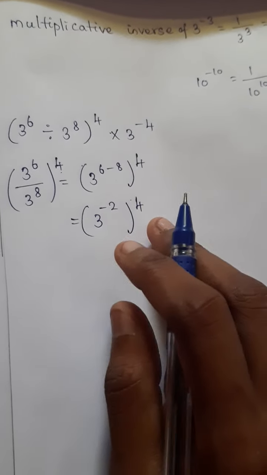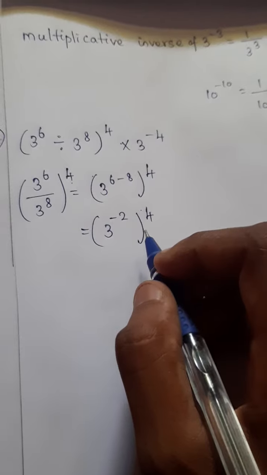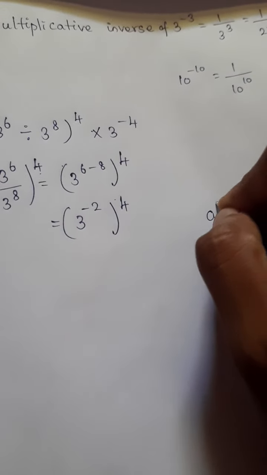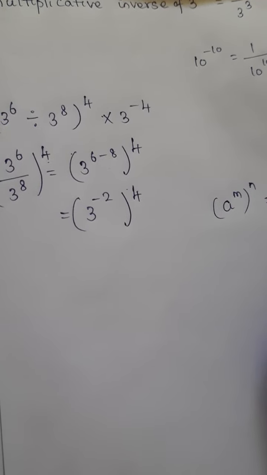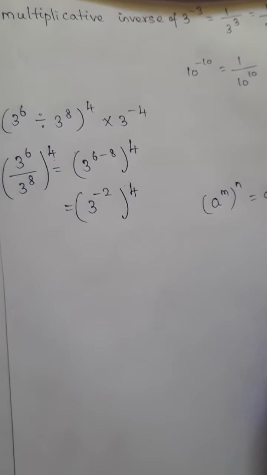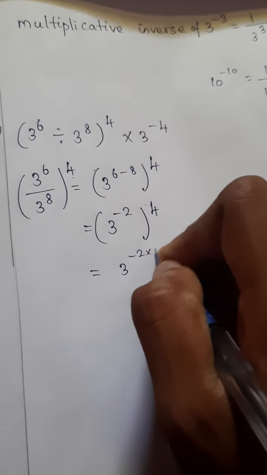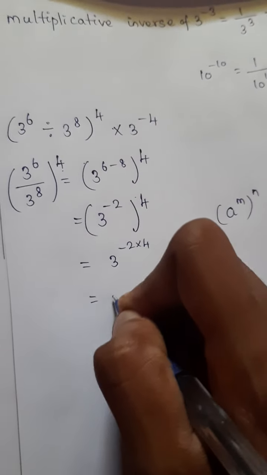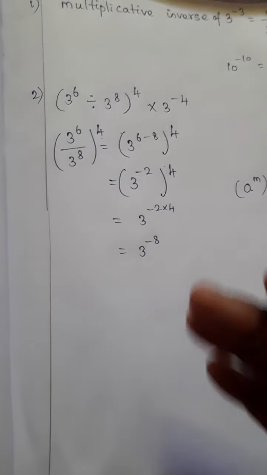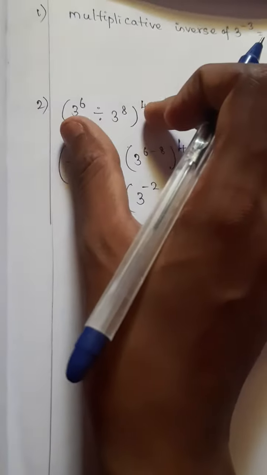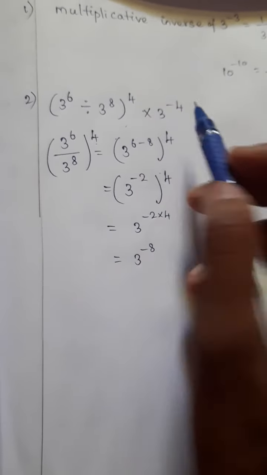Now how can this be written? A power m the whole power n is a power mn. So we apply that here: 3 power minus 2 into 4, which is 3 power minus 8. I am doing it step by step for you. Now this is multiplied by 3 power minus 4.